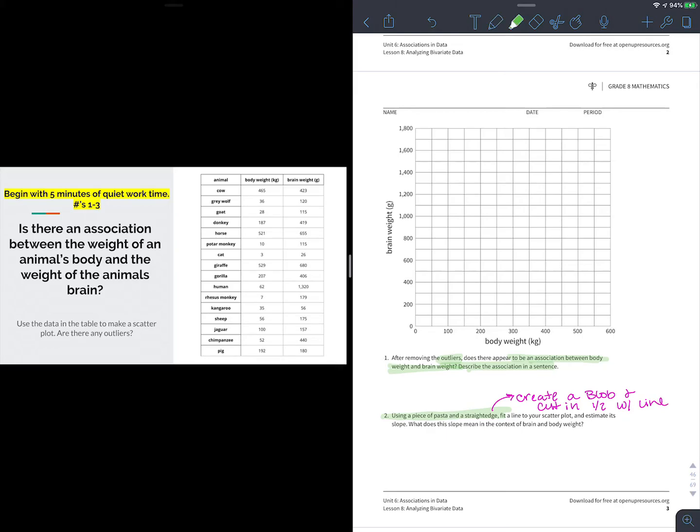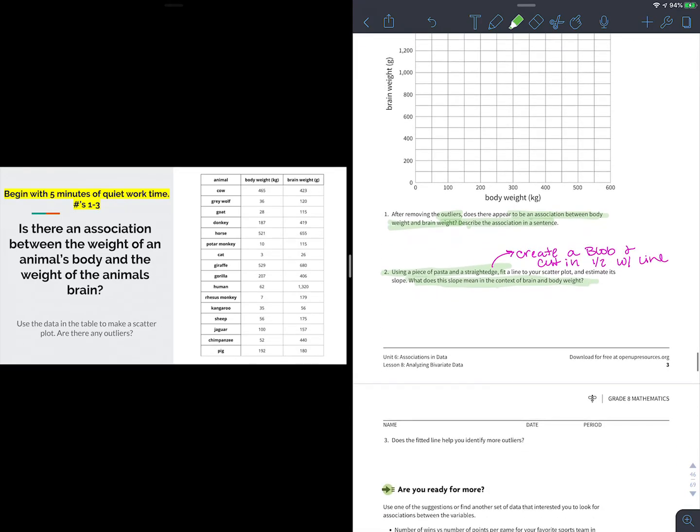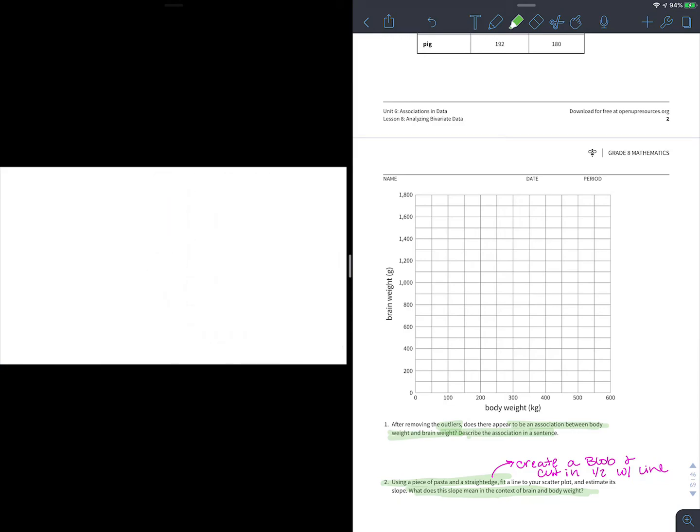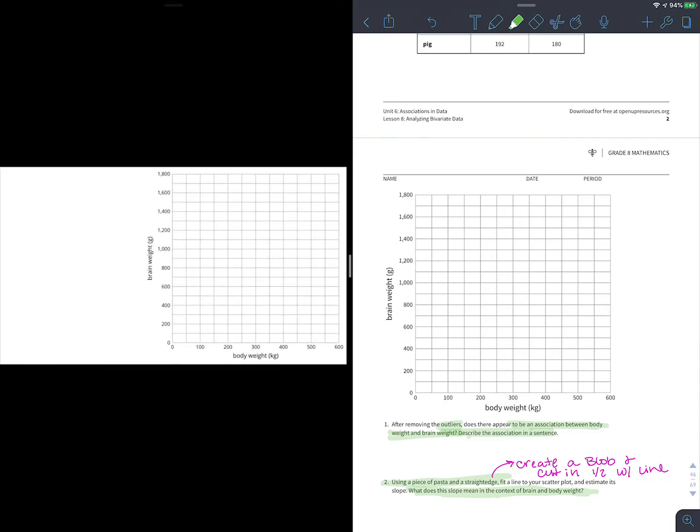And then thinking about what the slope means in context of the problem. So really analyzing that situation. And then, does the fitted line help you identify more outliers? So you're going to take some time to do that on your own. Pause the video, and then when we come back, we will actually have something graphed here on the scatter plot to show you.